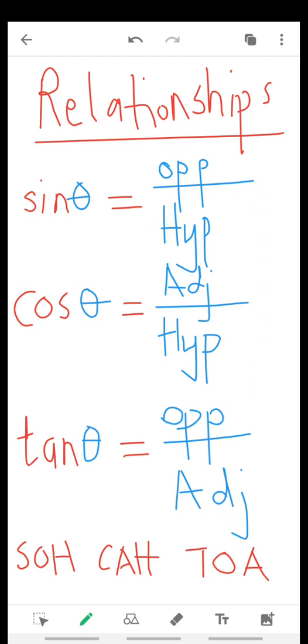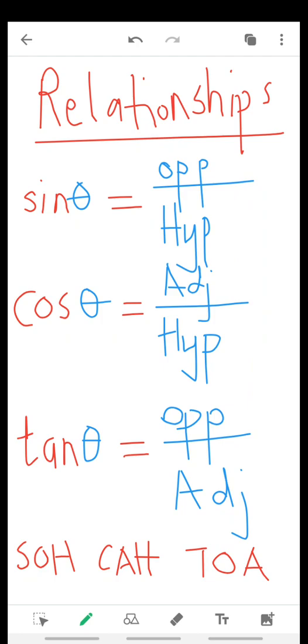Starting with the sine. So sine of angle theta is equal to, what is the relationship? It will be equal to the side opposite angle theta over the hypotenuse. Remember, the hypotenuse is the longest side of a right angle triangle.